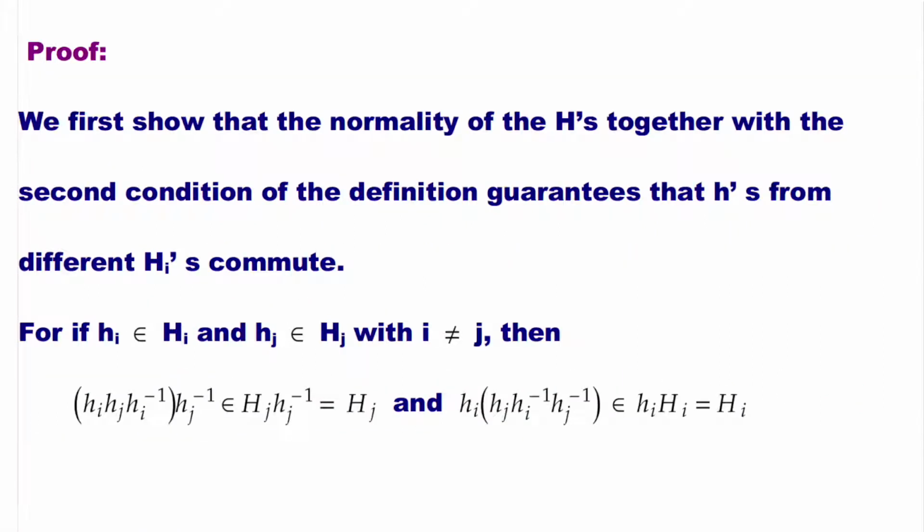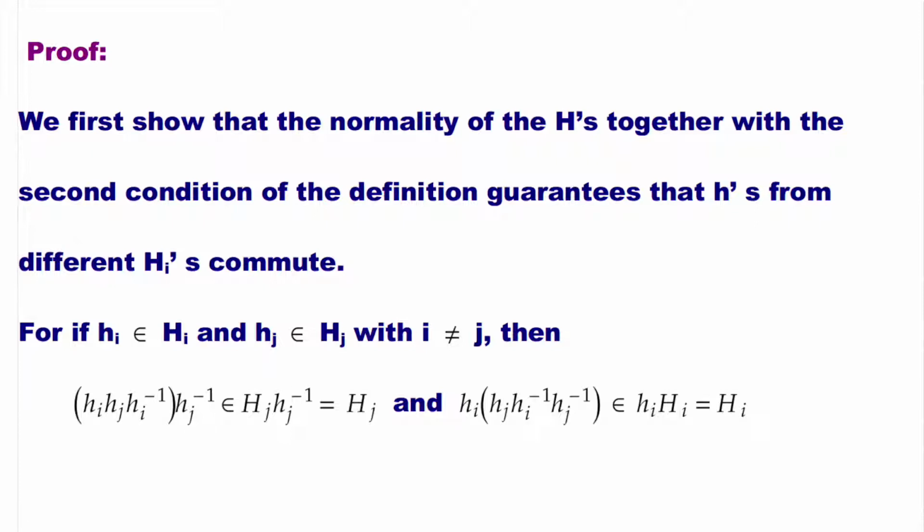Now, the proof. We have to prove first that the elements of different Hi's commute. If hi belongs to Hi and hj belongs to Hj with i not equal to j, then the commutator element hi hj hi inverse hj inverse belongs to Hj, since hj hi inverse hj inverse belongs to Hj.